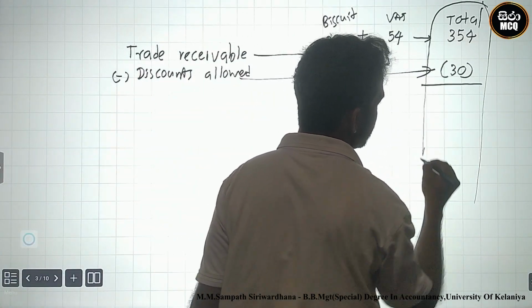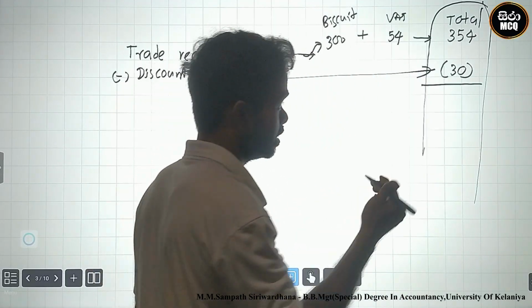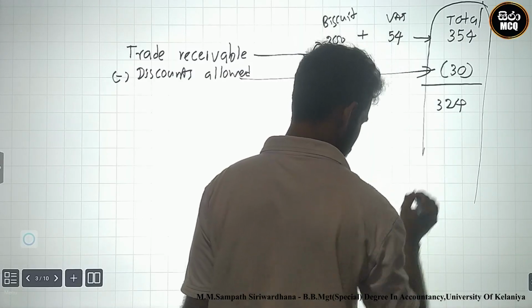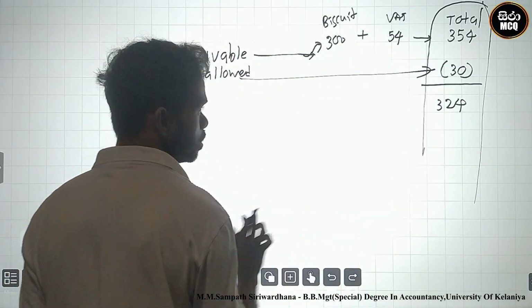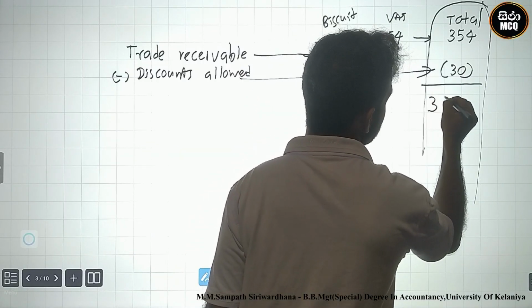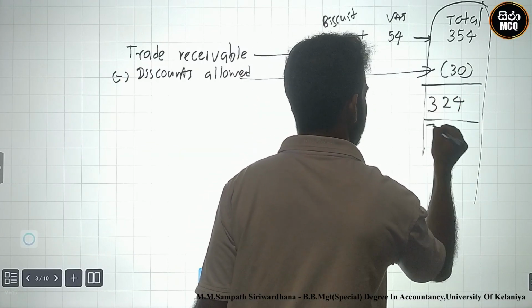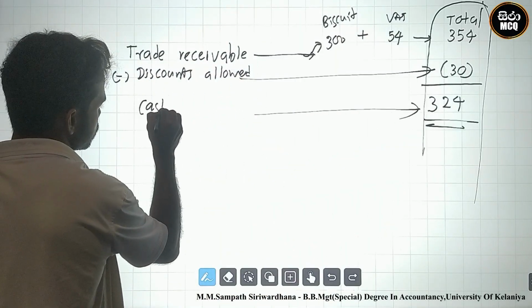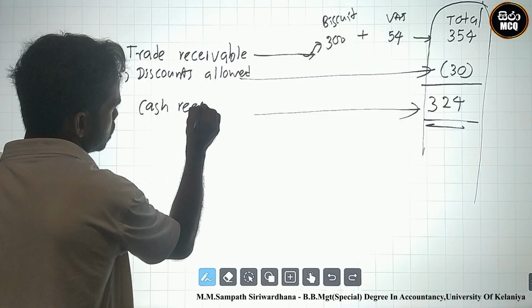After that we can collect. This is receivable 324, we can collect. 324 is the cash received amount. This is the cash received.